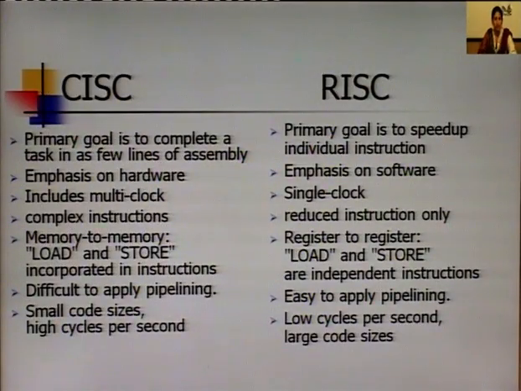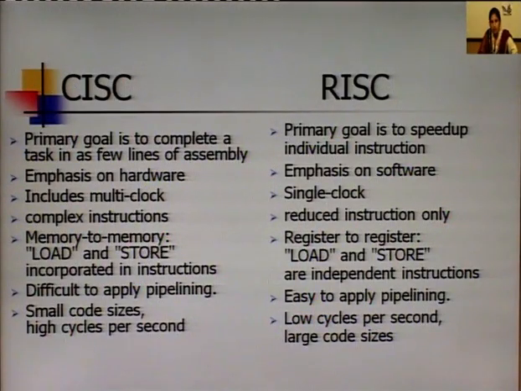Now we will compare complex instruction set computers and reduced instruction set computers. First, in CISC, the primary goal is to complete a task in a few lines of assembly language. It means to reduce the number of instructions, or the number of coding lines.